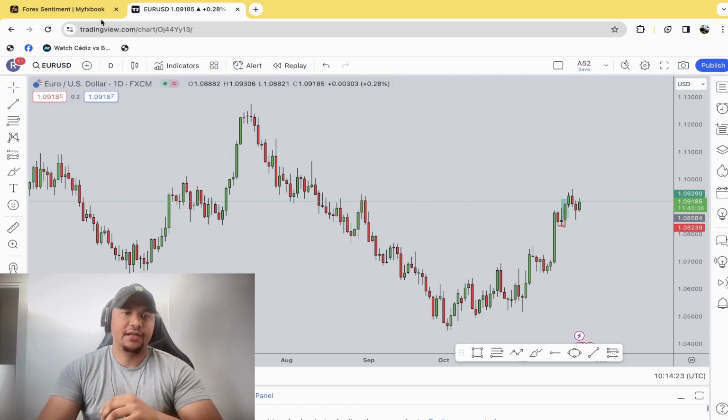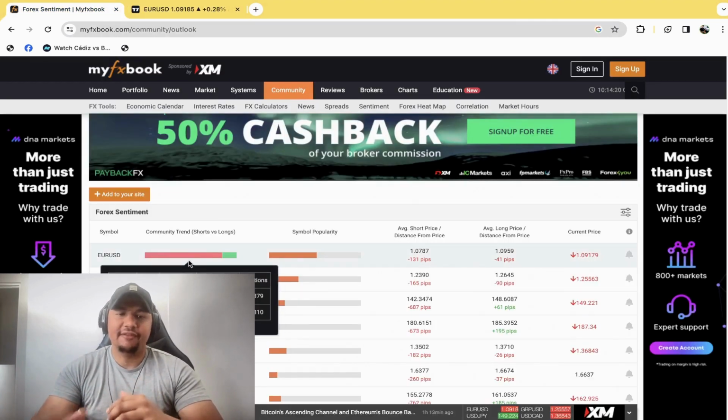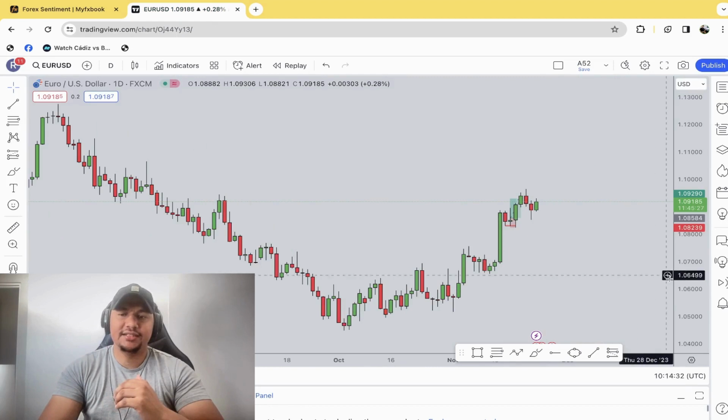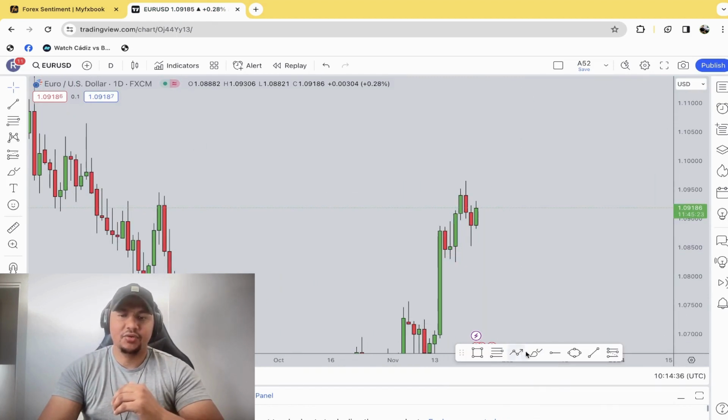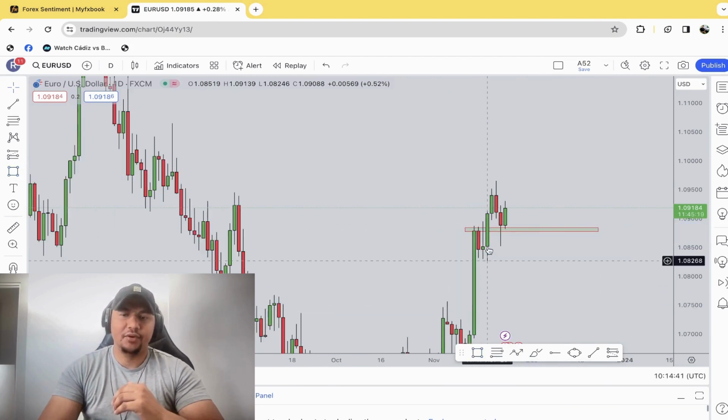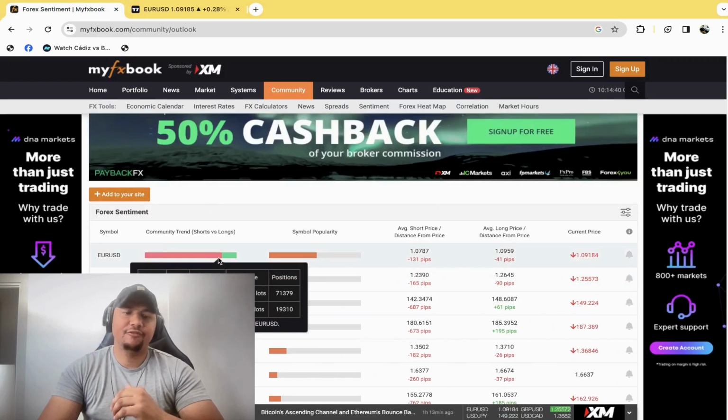You can clearly see that about 84% of retail traders sold Euro USD, and based on the most recent price action, there was no selling taking place. The market broke above resistance, came back, tested it as support, and now you can see that 84% of retail traders are either running in a drawdown or have been liquidated by these big institutions.